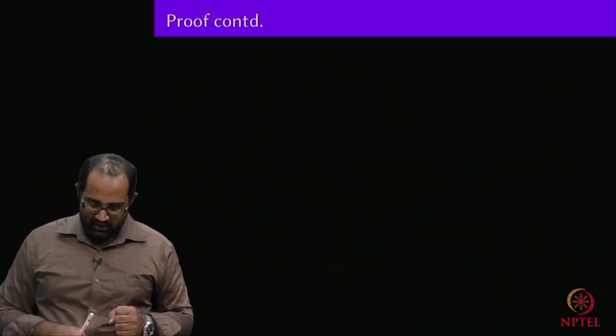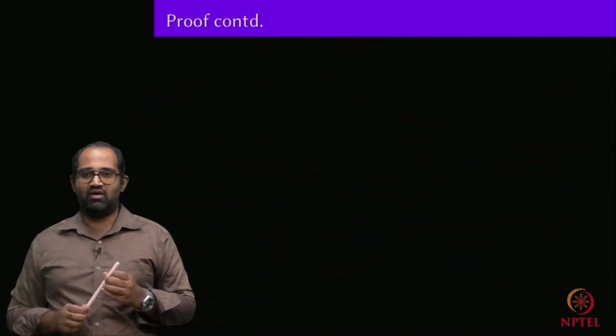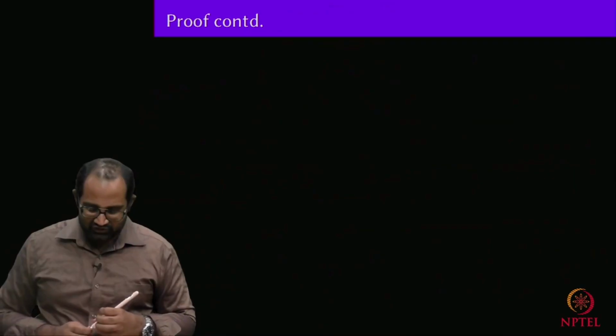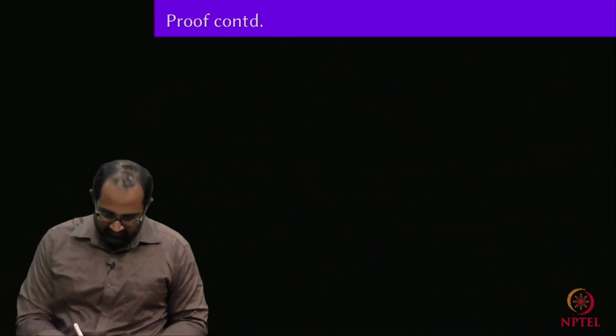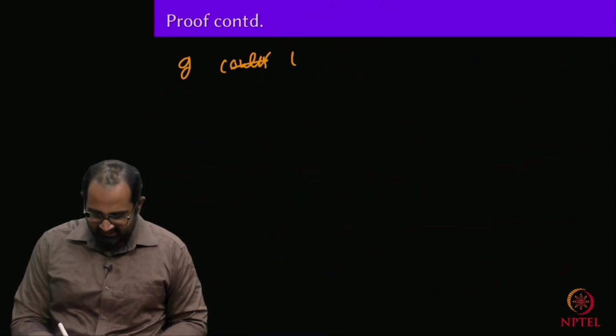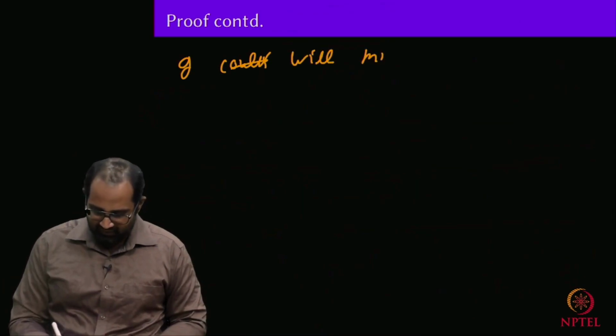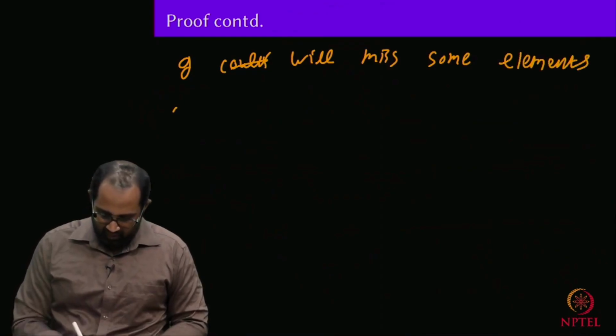Okay. Now we have still not yet done, right? We still have to show that we have a bijection. The problem is G could miss, or not could, will necessarily miss, some elements of N unless F itself were bijective.